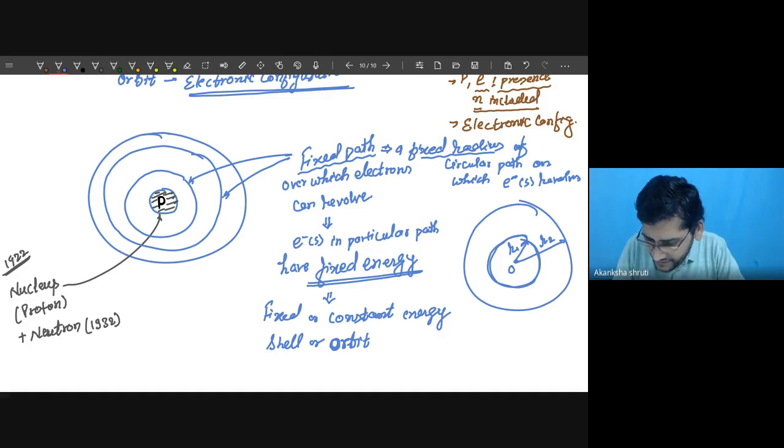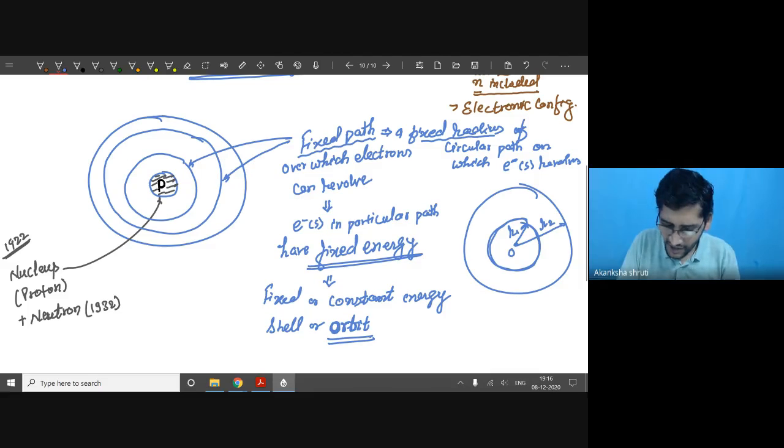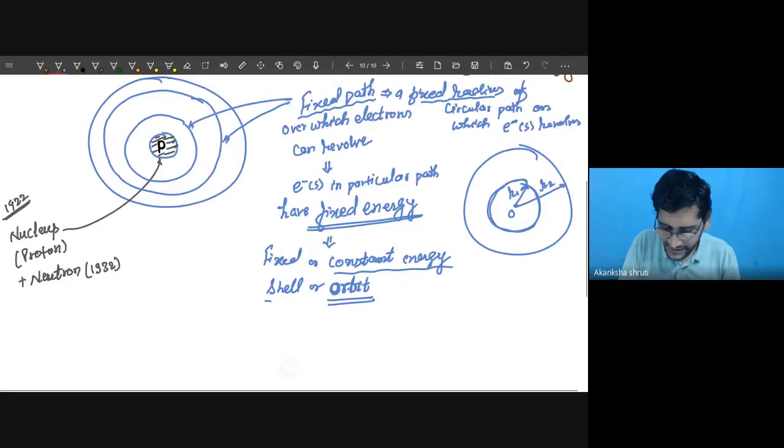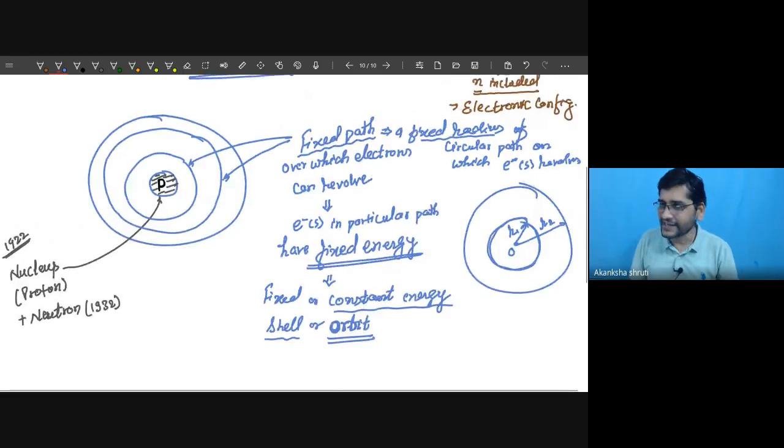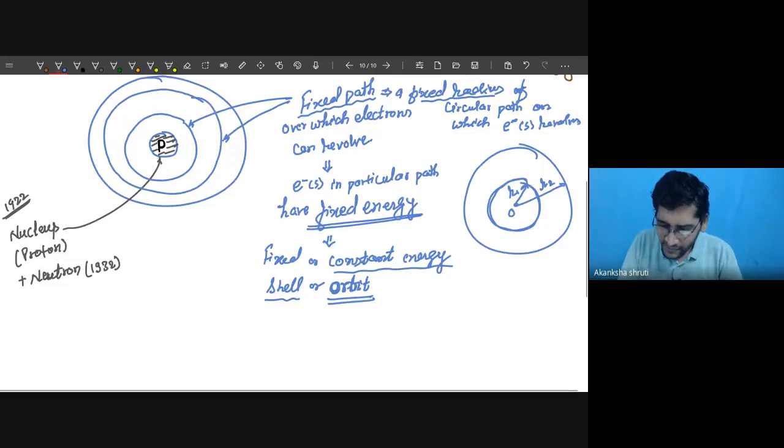Rutherford didn't give the idea of a constant or fixed energy shell. So these fixed energy shells are nothing but the particular circular paths around the nucleus inside the atom where the electrons can move.